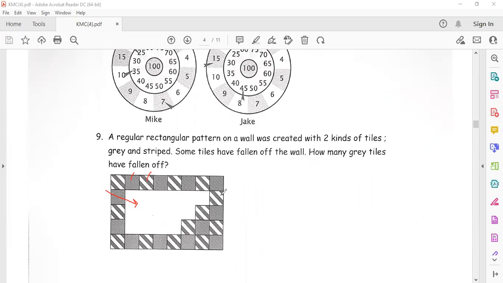They want you to find out how many gray tiles are in this empty space. It's not too difficult. All we need to do is complete this drawing. I'm going to use my pencil here. It's not so accurate because I'm just using my mouse, but you can use a ruler and a pencil.